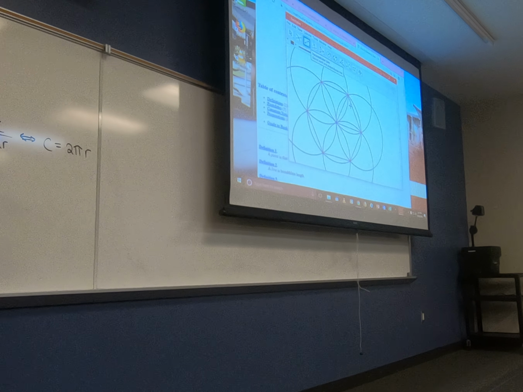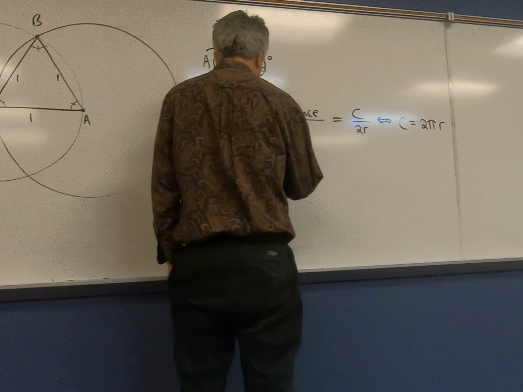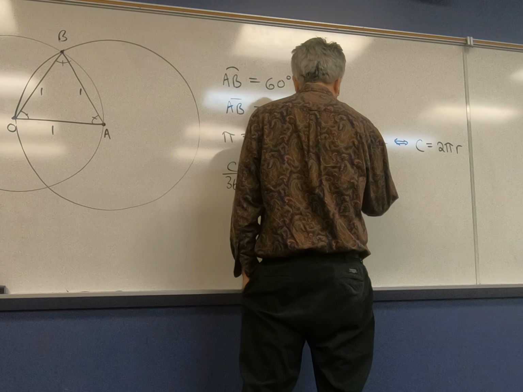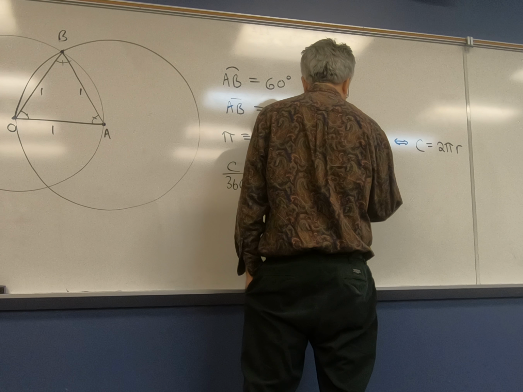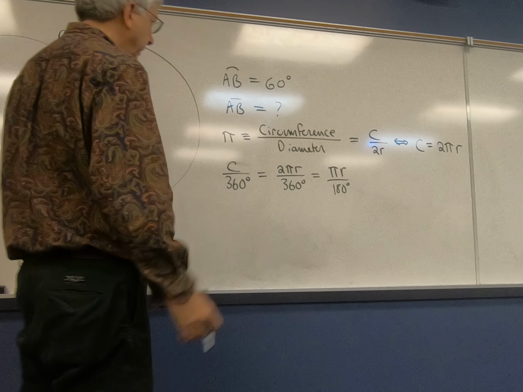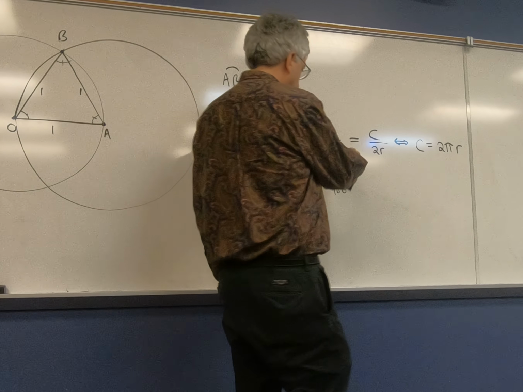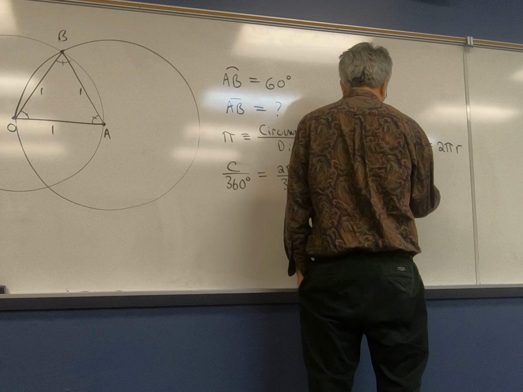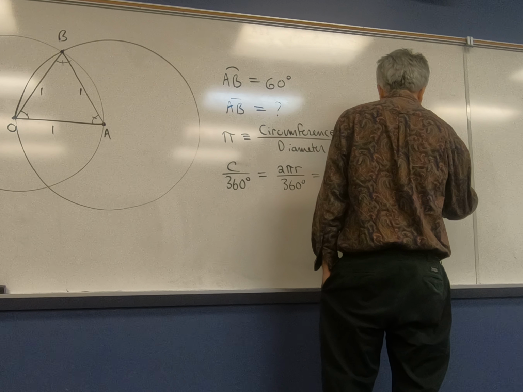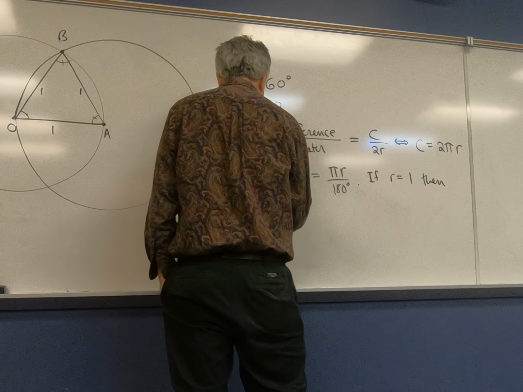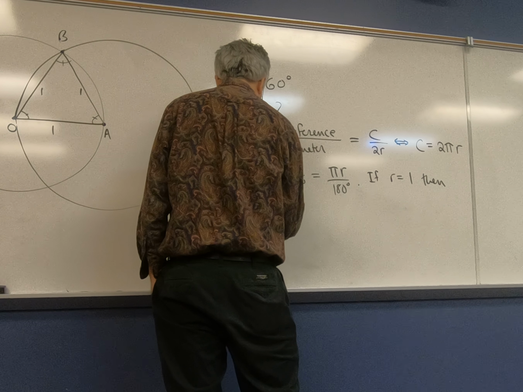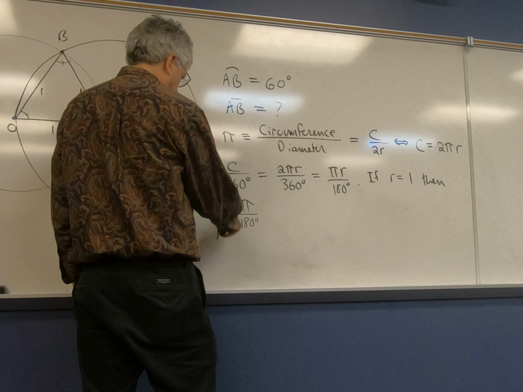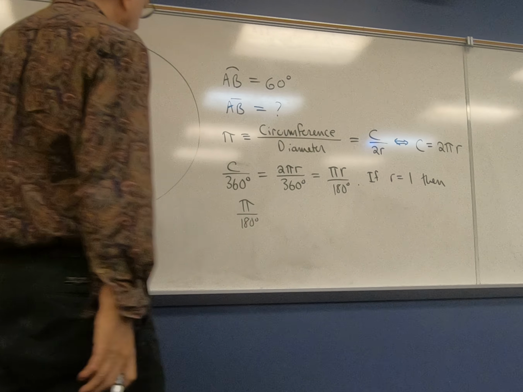So if I substitute 2 pi r for the circumference, I get pi r over 180. Now that's in a circle of general radius r, but if we take r equal to 1, then we get pi over 180, this ratio of circumference to degree measure of circumference.